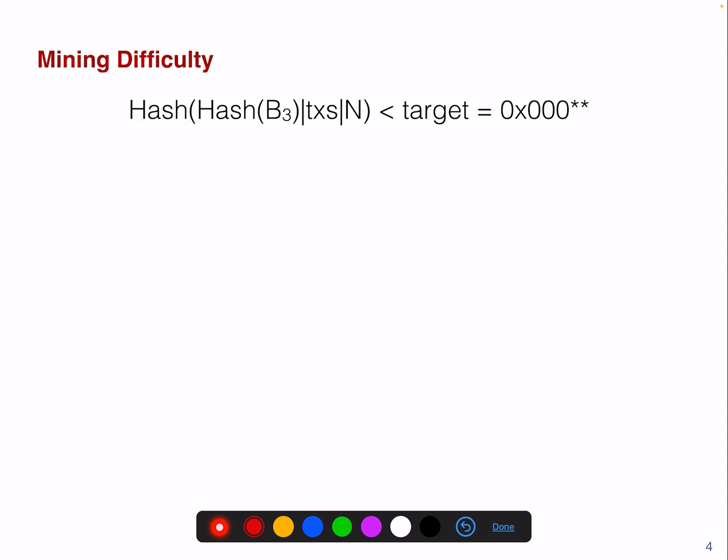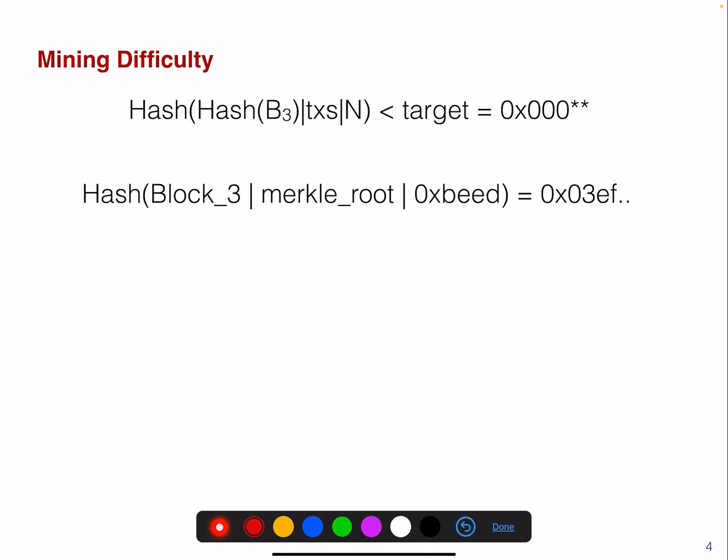Again, let's assume we have this particular target. The target is a hexadecimal value, right? 0x indicates a hexadecimal value, and we have a few bytes here that are set to 0. So let's assume we have the following block 3, with a particular Merkle root and a particular nonce that we have used.